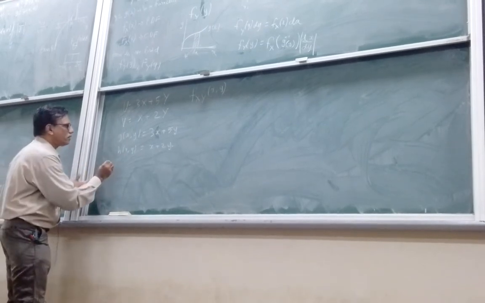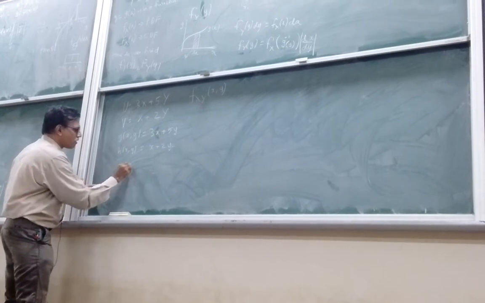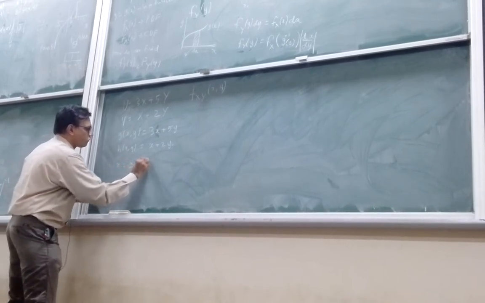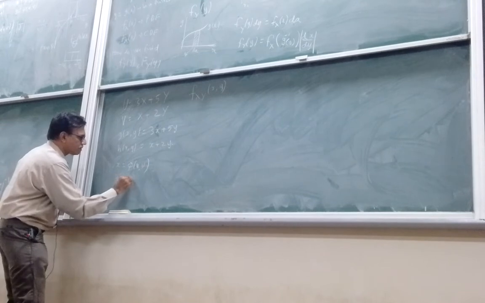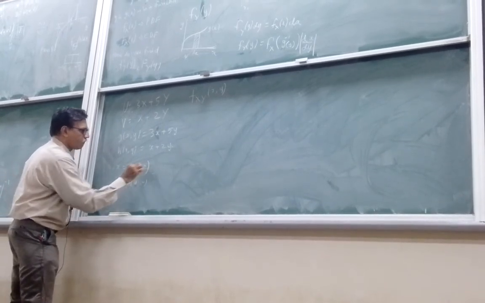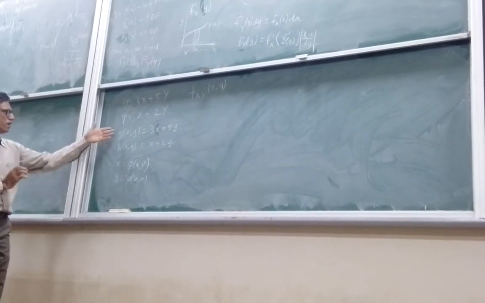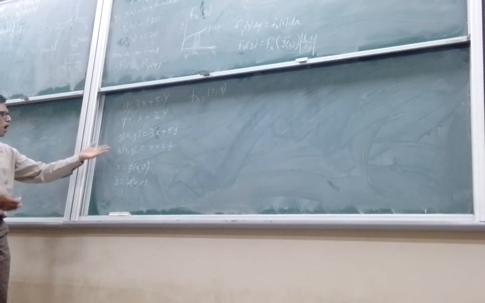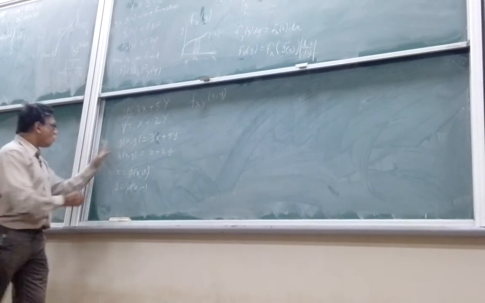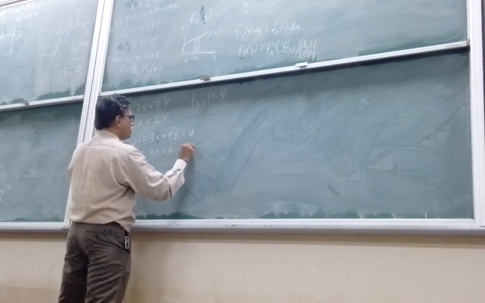First I am looking for x equal to some phi(u, v) and y equal to some psi(u, v). Given these two things, I have to just solve for x and y in terms of u and v. This is u, and this is v.